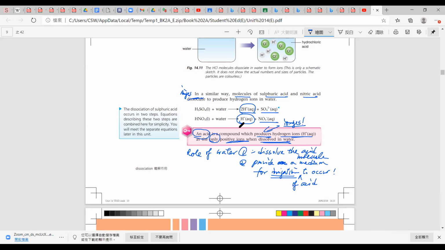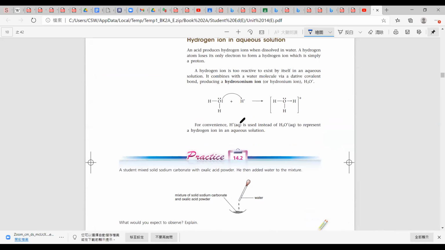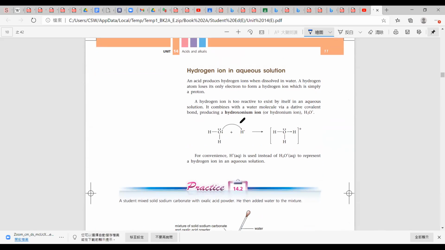So what is a hydrogen ion? Hydrogen ion in water is not just a single ion. It's because hydrogen ions are very small but have a high charge. We've got a +1 charge, no electrons, only the nucleus. So once dissolved in water, a hydrogen ion will be surrounded by water molecules to form a very special species.